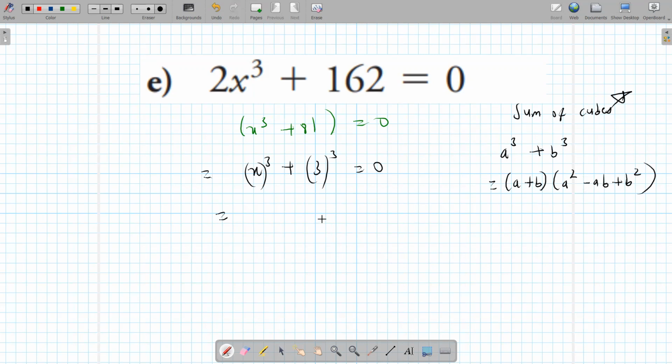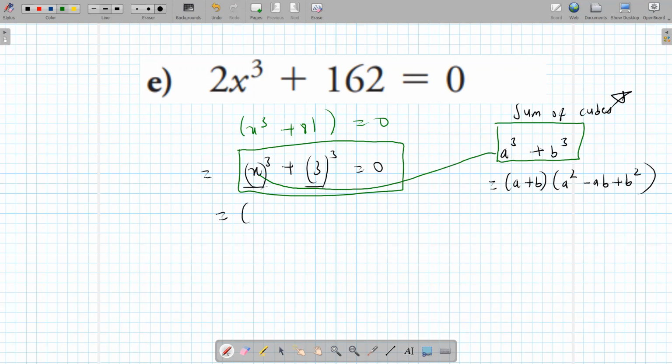Let's go one by one. What is a here? Basically we're just comparing, like every formula that we use, we're basically comparing things. You see, what's a? A is x. So it's going to be a plus b. So x plus what's b? 3, right?